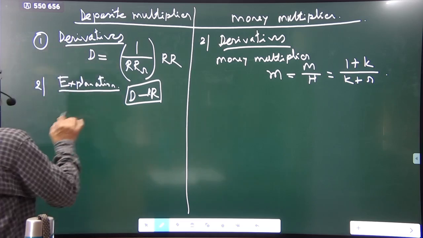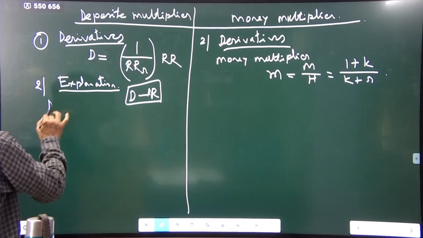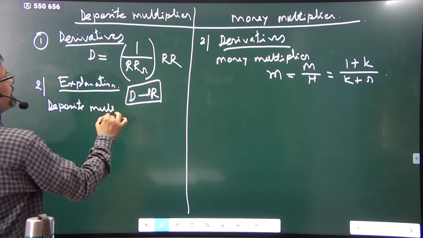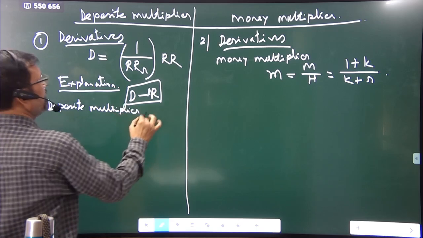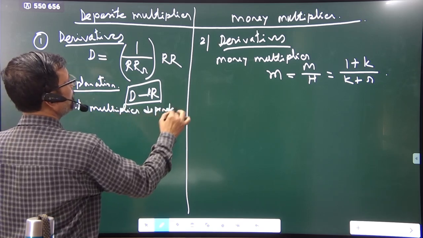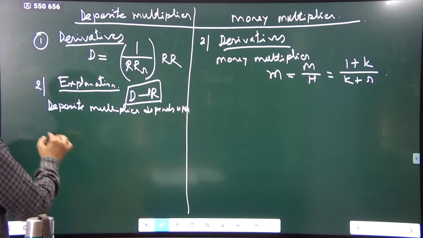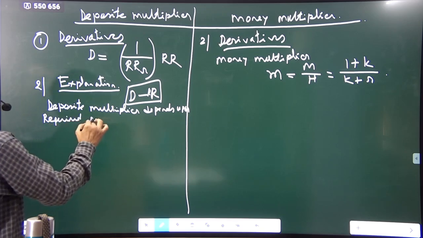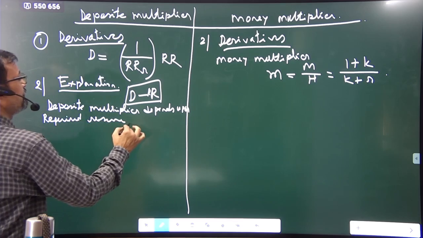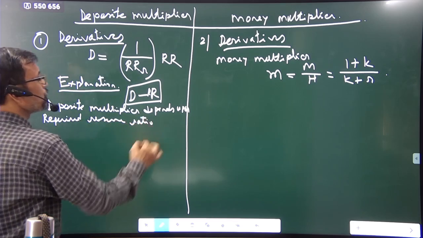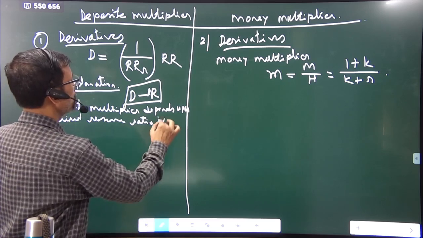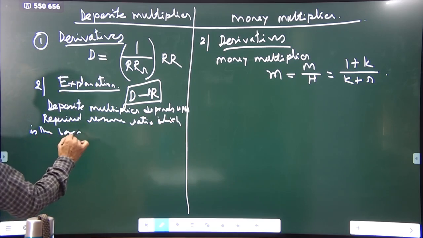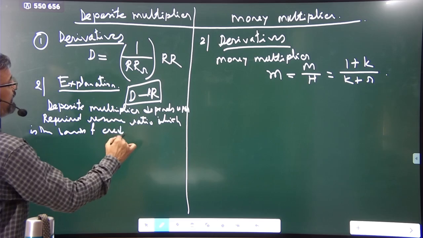This deposit multiplier depends upon the required reserve ratio, which is the basis of credit creation.